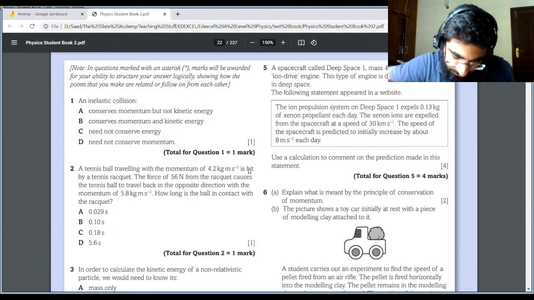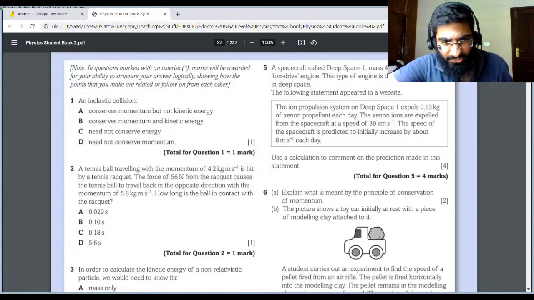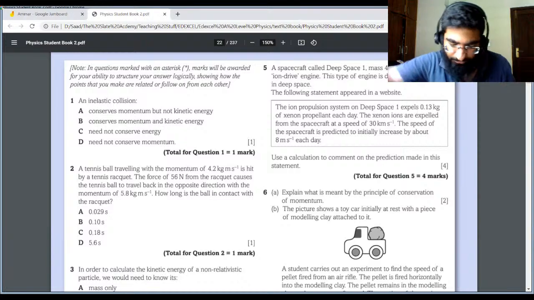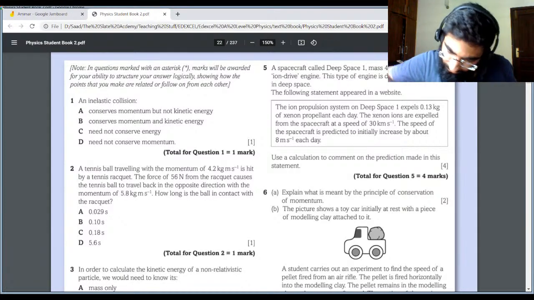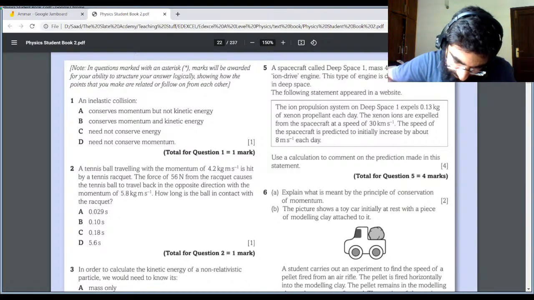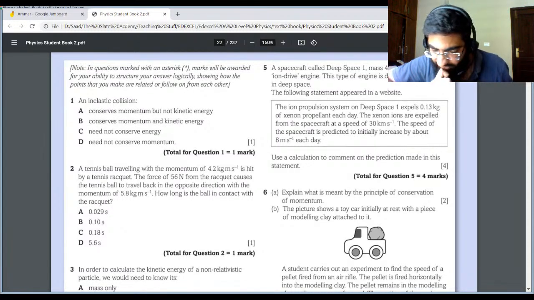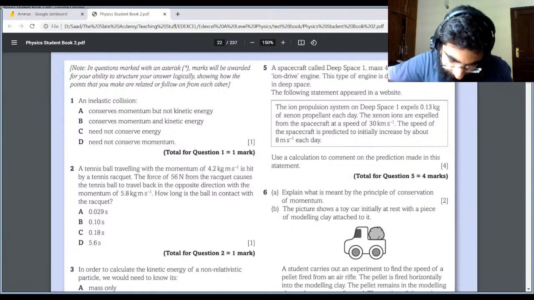Okay, so 0.13, but does it release it all together? Let's say it released it together at one point of time. So the mass of xenon being released is 0.13, and u of this xenon is how much?